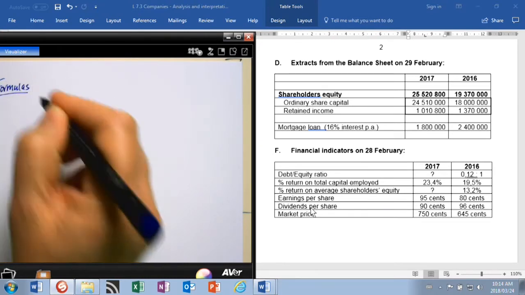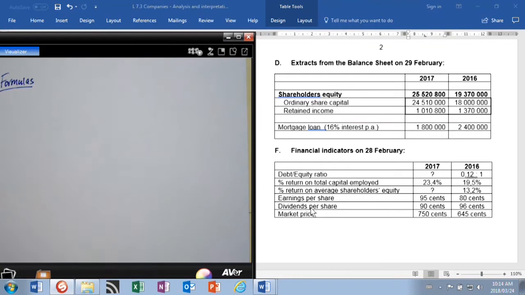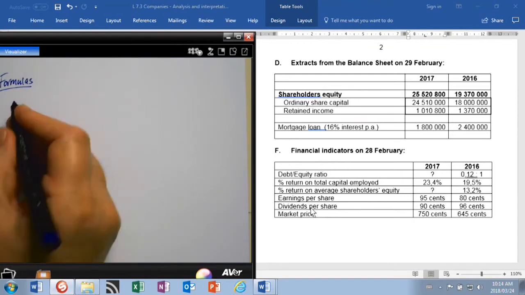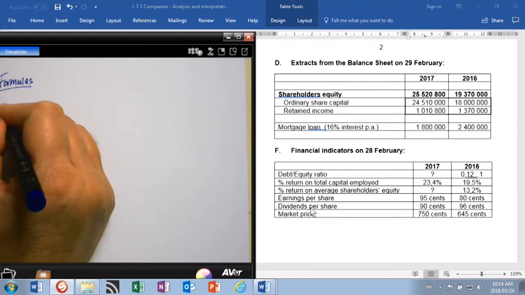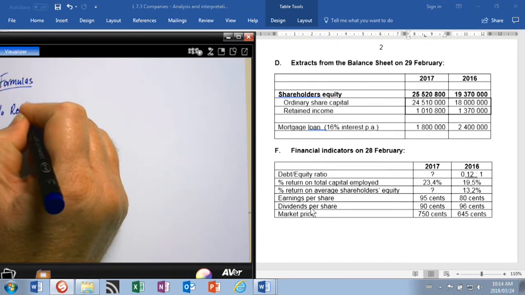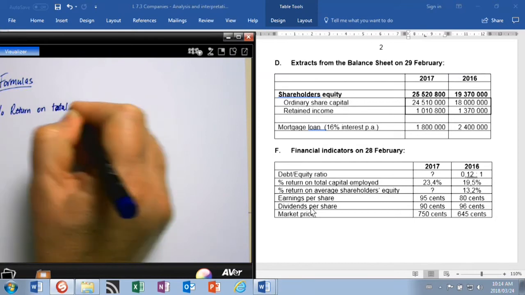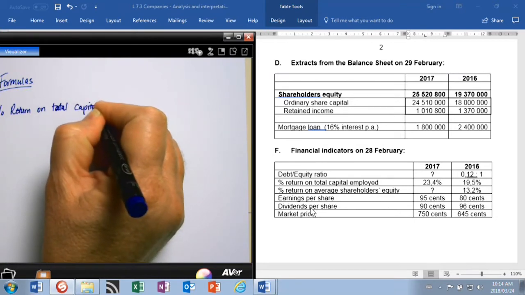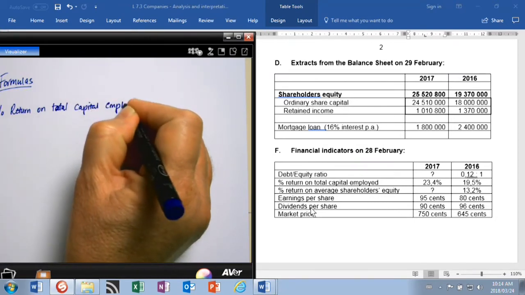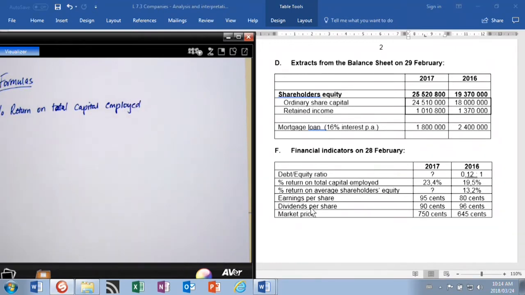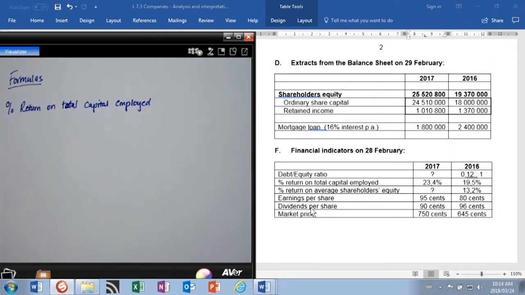Okay, I think that is not correctly spelled. Percentage return on total capital employed. That is one that they didn't often ask you to calculate, but they want you to use it.